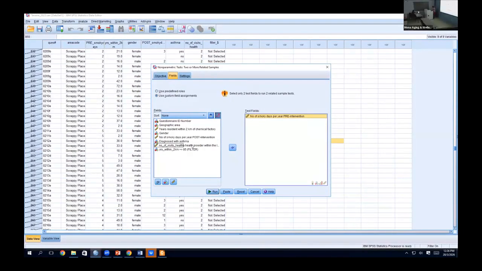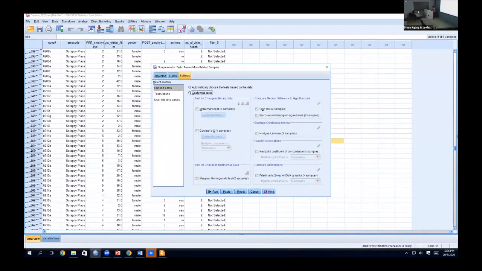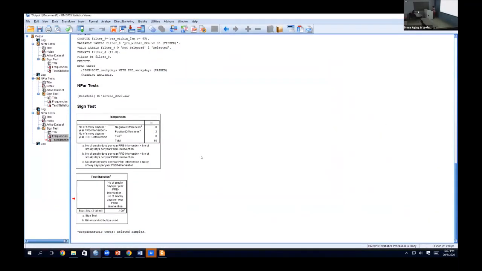So pre-intervention and post-intervention. And then we're going to go on settings. The settings tab says customize test. We're going to click on sign test, 2 samples sign test. And then you're going to click run. I'm moving so fast because I don't really want to show you.